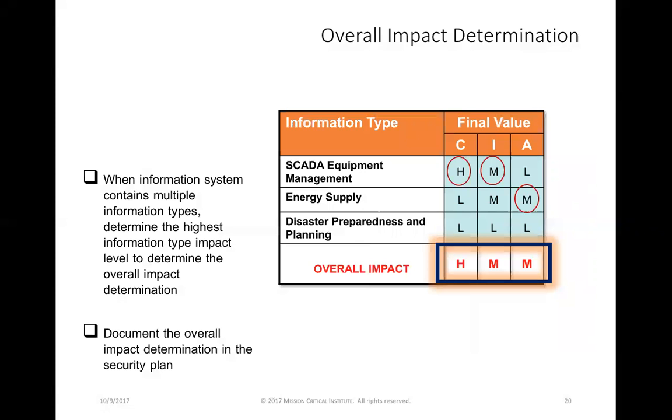So for SCADA equipment management, the impact for confidentiality would be high. The impact for integrity would be medium. Energy supply, the impact for that would be medium. So the overall impact, if you look at all of these, is high, medium, medium.